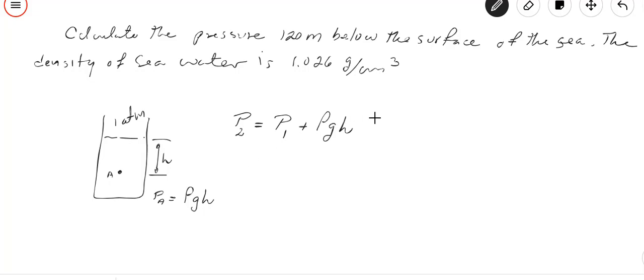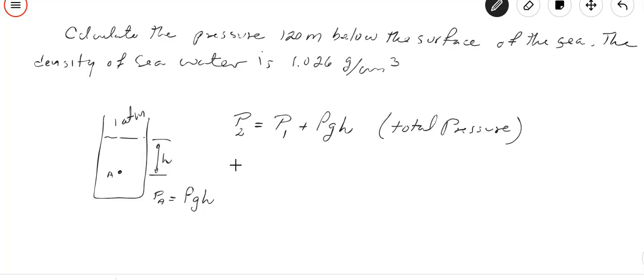So in this case, when you do this, you find the total pressure, right? If you don't add P1, that means if you say just P2 equals rho g h, what you find is the pressure due to the column of liquid.